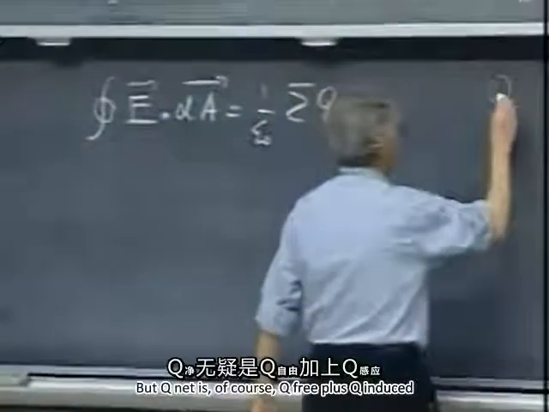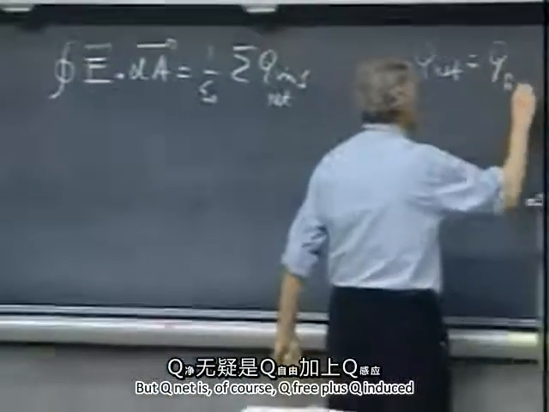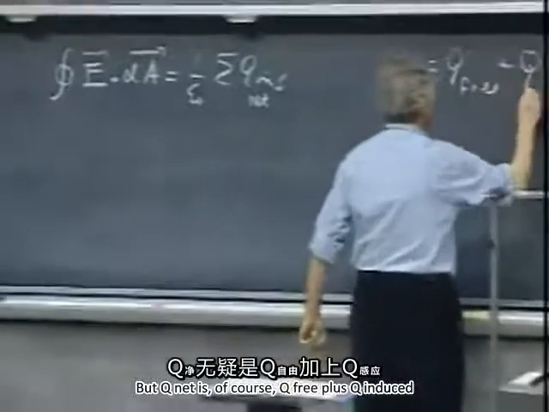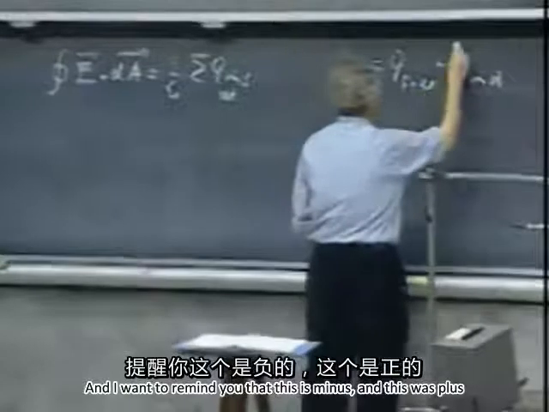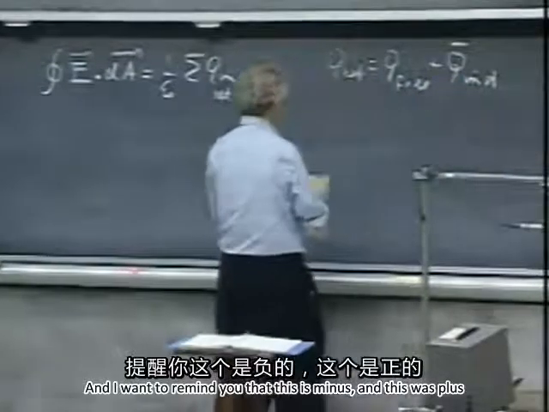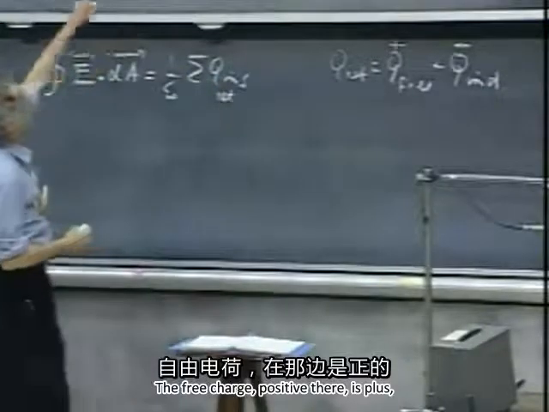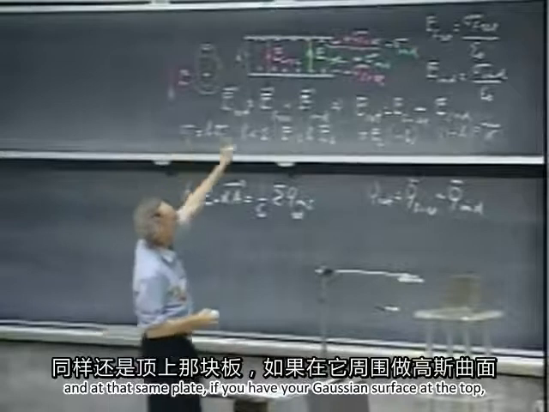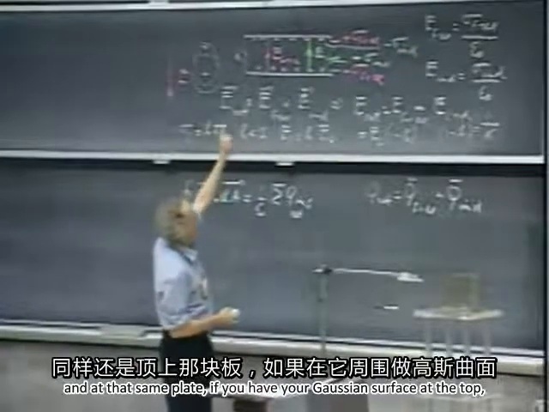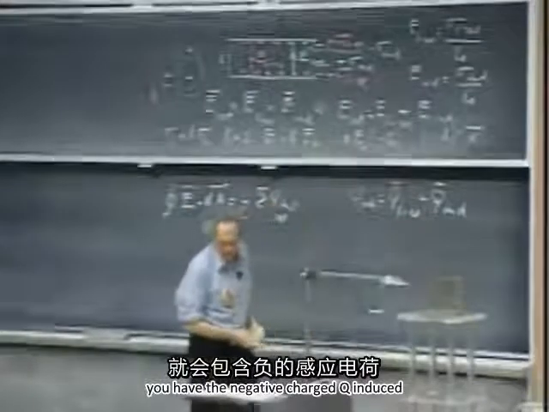But Q net is of course Q free plus Q induced. And I want to remind you that this is minus and this was plus. The free charge, positive there, is plus, and at that same plate, if you have your Gaussian surface at the top, you have the negative charged Q induced.